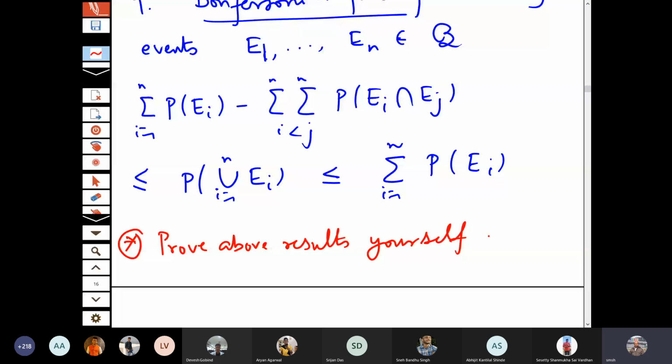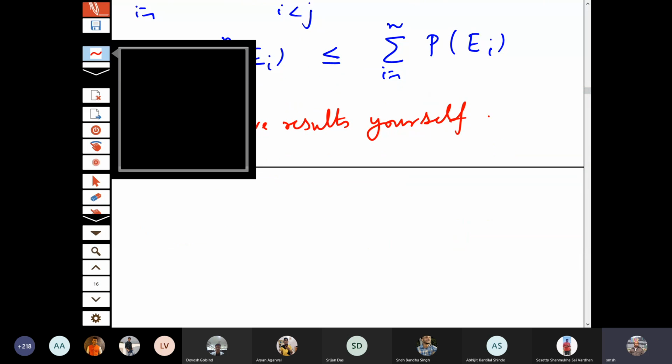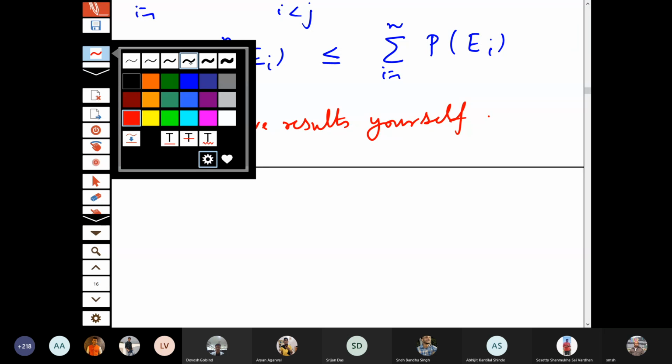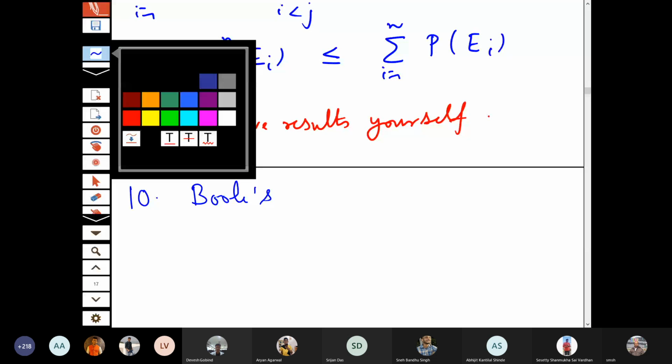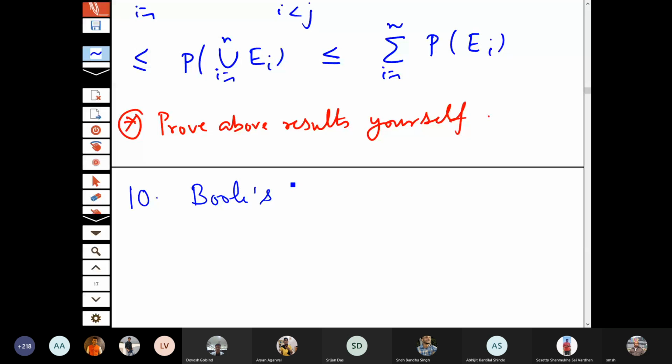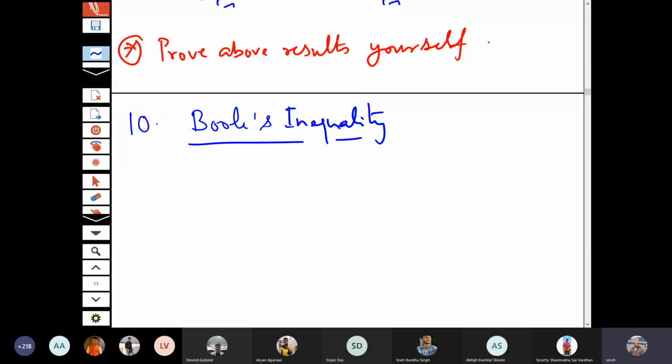Another similar follow-up is the so-called Boole's inequality.